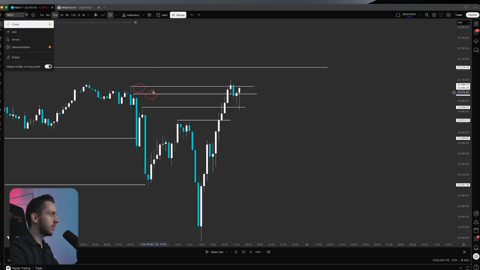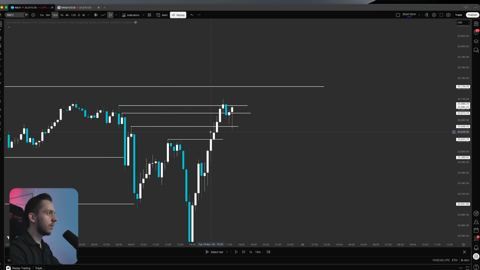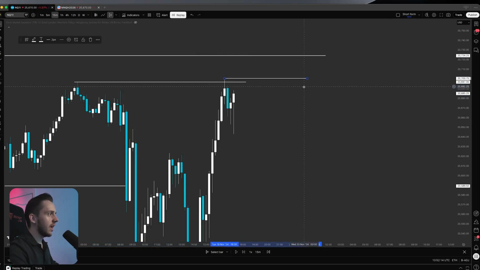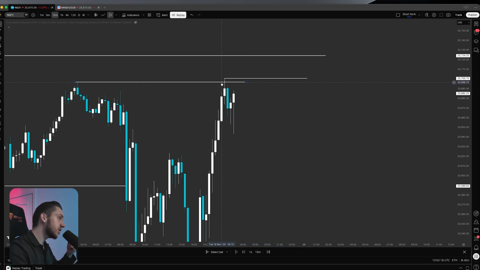Now, question to see if you really learned this. We swept these highs right here. We even swept these highs right here. And currently it looks like we are going to this high right here. Are you expecting this high to cause a reversal and then go lower?